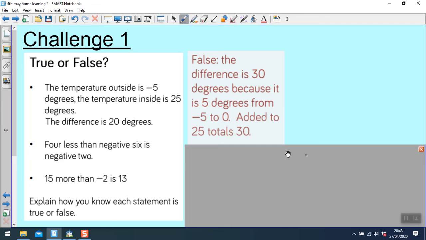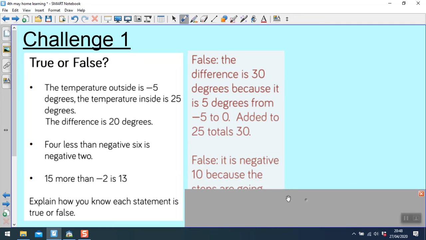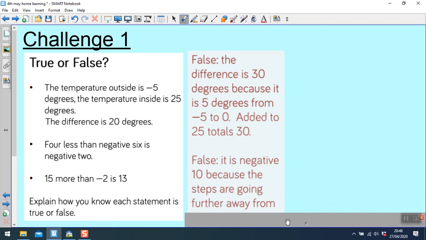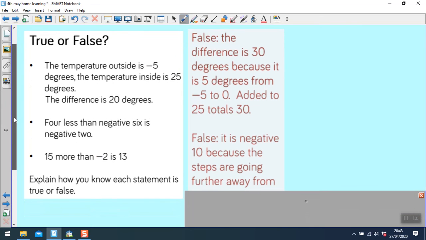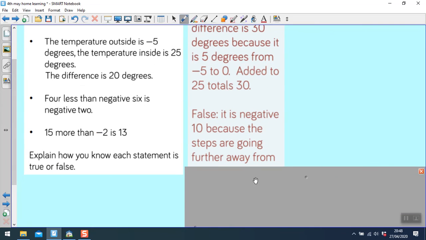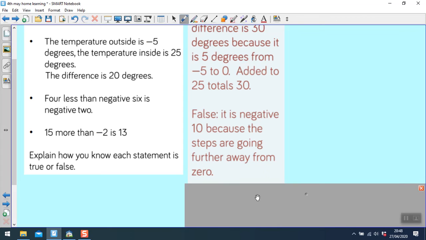So altogether you've added on 30. Second one, 4 less than negative 6 is negative 2. That's false. It's negative 10 because the steps are going further away from 0. So negative 6 take away 4, it's getting further away from 0, so it's going to be negative 10.